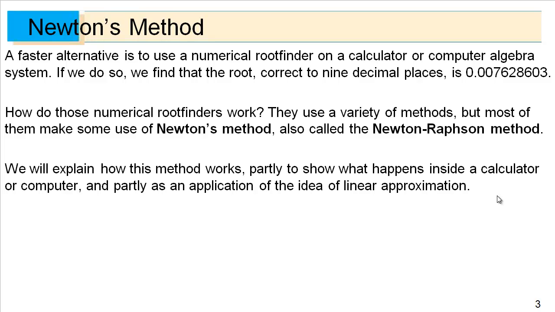So a faster alternative is to actually let the calculator do it for you, and that's where we get this number. So as with some other, not all, but some other calc techniques, you might be asking yourself, then why bother?